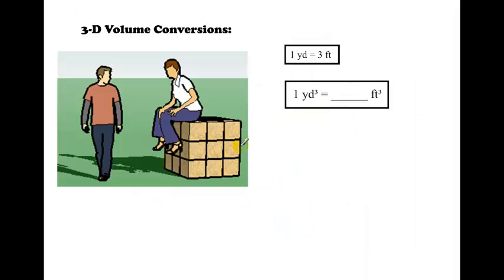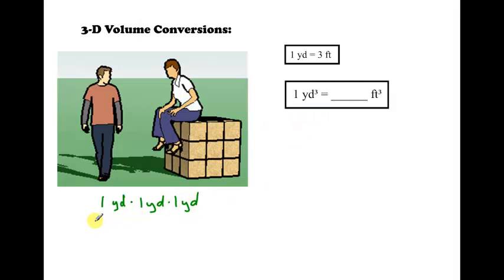All right, volume conversions, same kind of consideration. 1 yard is 3 feet, but cubic yards. This gal here, she's sitting on this. I picked this picture so you could get a sense of the size of a cubic yard compared to a person. They're pretty big. So 1 cubic yard, how many cubic feet is that? Remember, 1 cubic yard means 1 yard times 1 yard times 1 more yard.